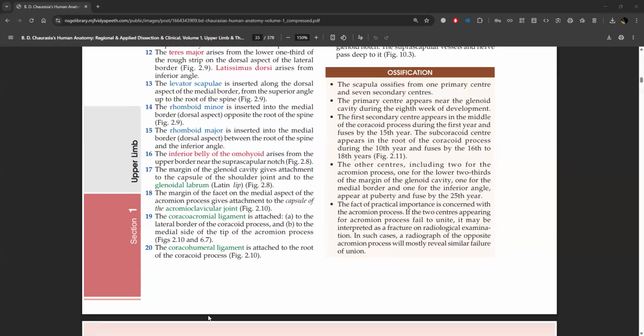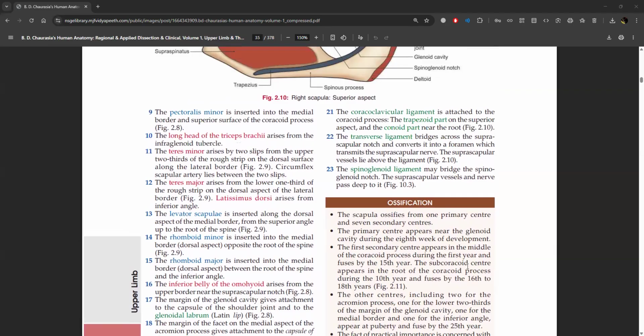Number 20th, the coracohumeral ligament is attached to the root of the coracoid process. 21st, the coracoclavicular ligament is attached to the coracoid process, the trapezoid part on the superior aspect and the conoid part near the root. 22nd, the transverse ligament bridges across the suprascapular notch and converts it into a foramen which transmits the suprascapular nerve.